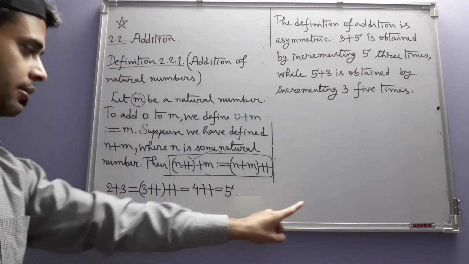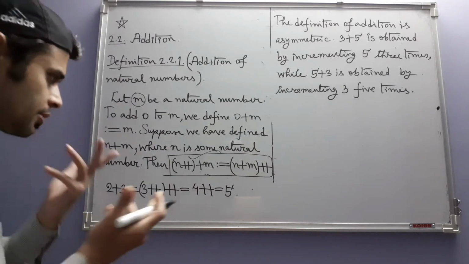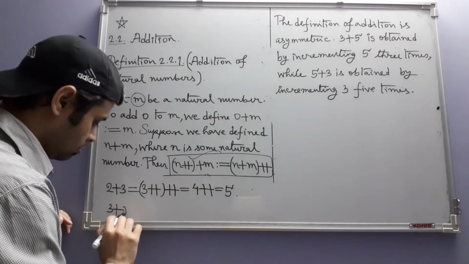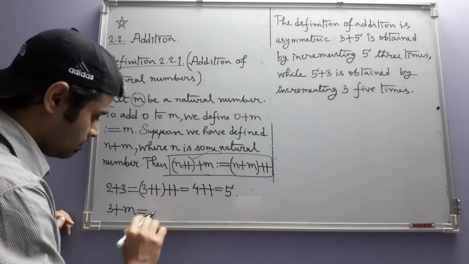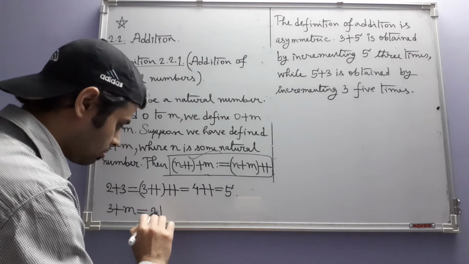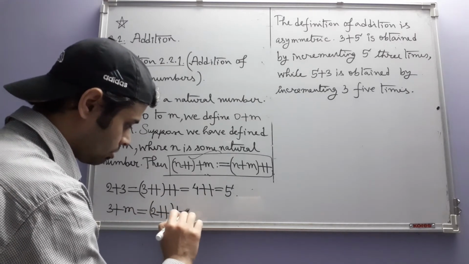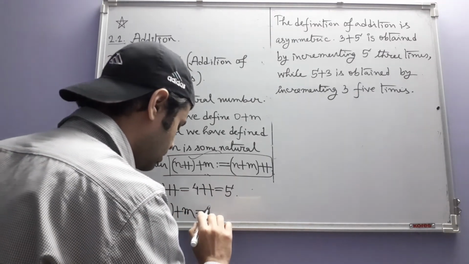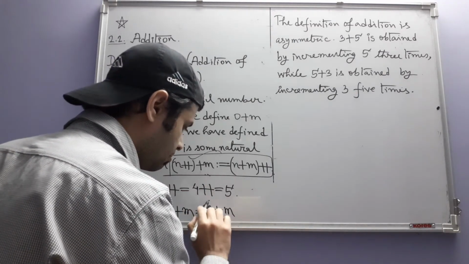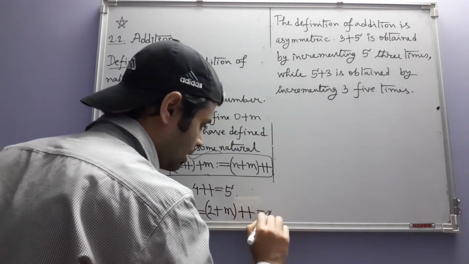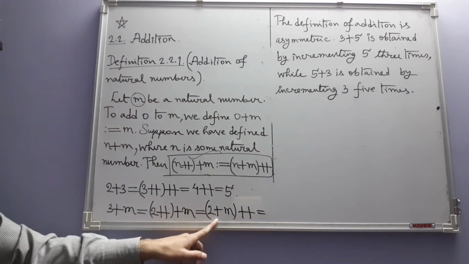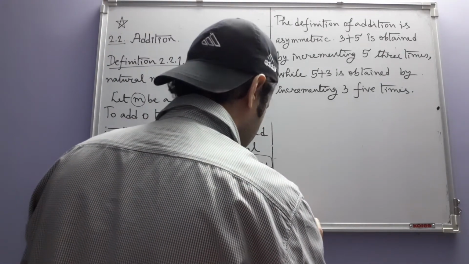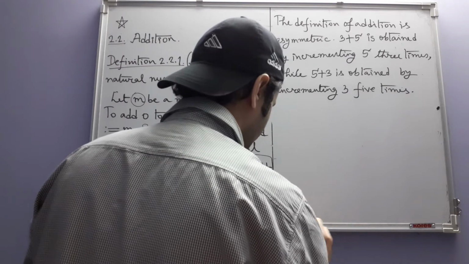If we extend these calculations, we can calculate 3 plus m, which will be 2 plus m plus. And we have already found out the expression for 2 plus m, which is nothing but the successor of the successor of m.